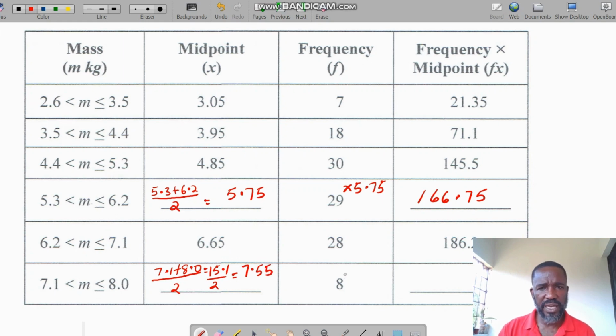Now, in order to get the frequency times the midpoint, we multiply 8 times 7.55, and we would have got 60.4. So that's how we would have gone ahead to do those two questions.